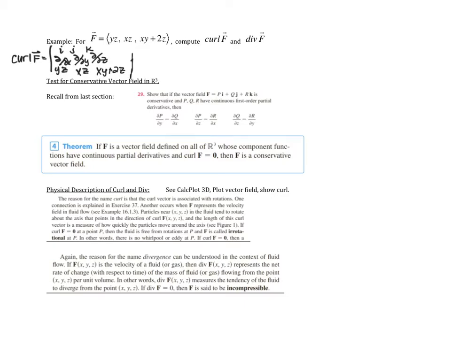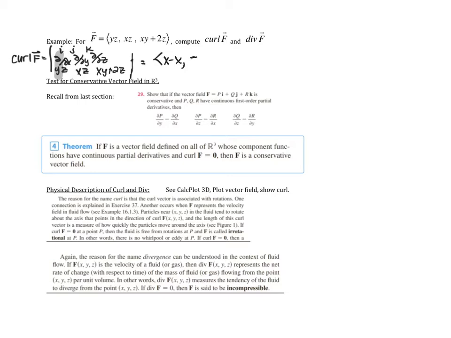For the i component, we take the partial with respect to y here, which is x, minus the partial with respect to z here, which is also x, so x minus x.